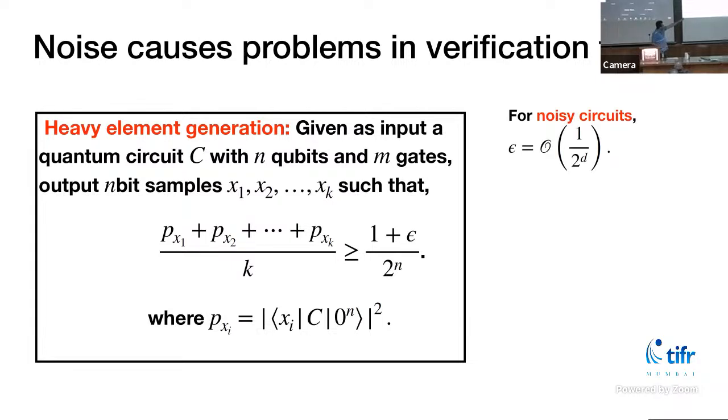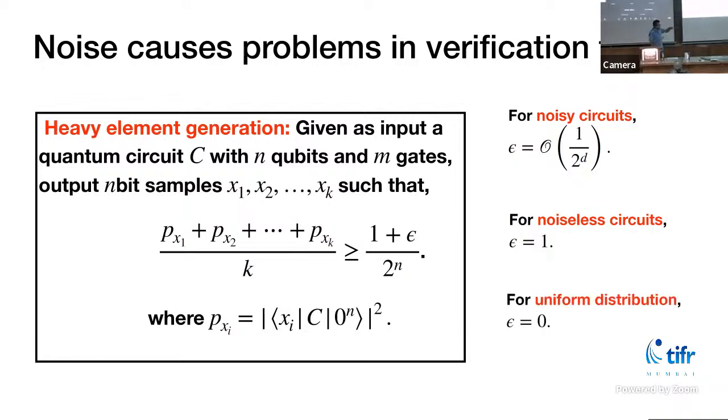So for noisy circuits, this bias goes down as 2 to the minus d, where d is the depth of the circuit. For noiseless, this bias is 1. And for noisy, say the fully flat distribution, this is 0. And so the quantum signal is between 0 and 1.